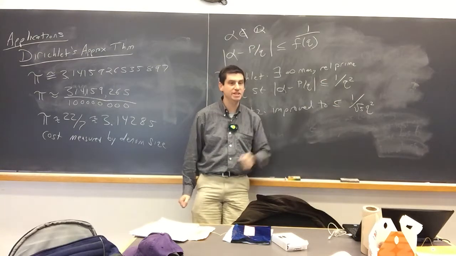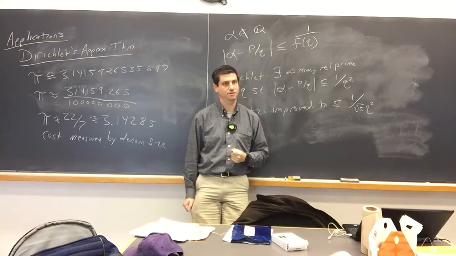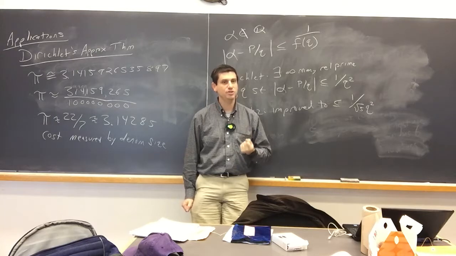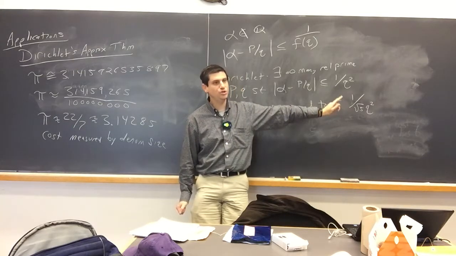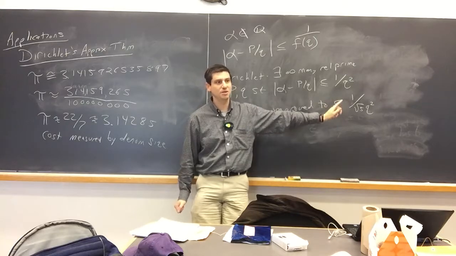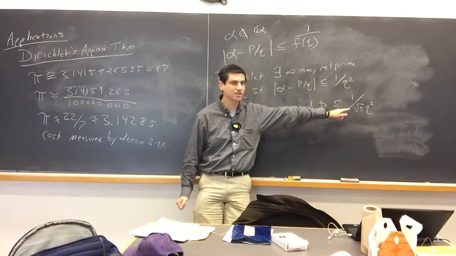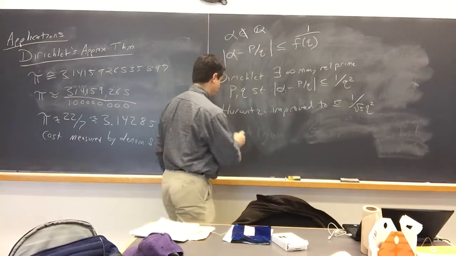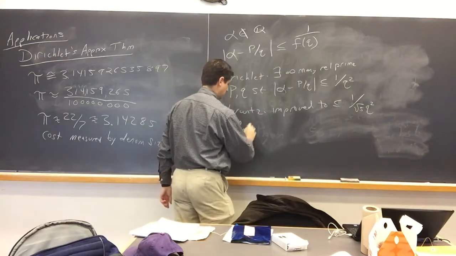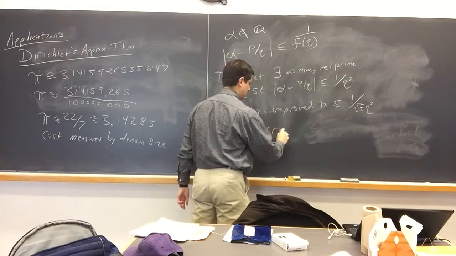Getting a better constant there is significant. This leads to an interesting question. If this is the best you can do, which numbers are the hardest to approximate by rationals? Which ones have the largest possible error? So what is the most irrational number?